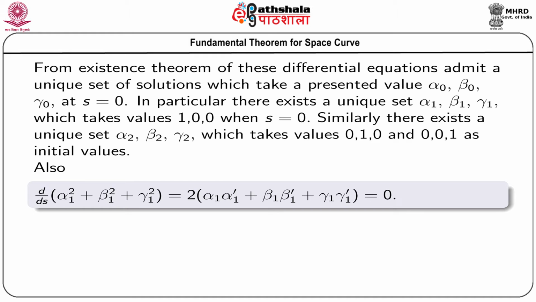In particular, there exists a unique set alpha 1, beta 1, gamma 1, which takes values 1, 0, 0 when s = 0.